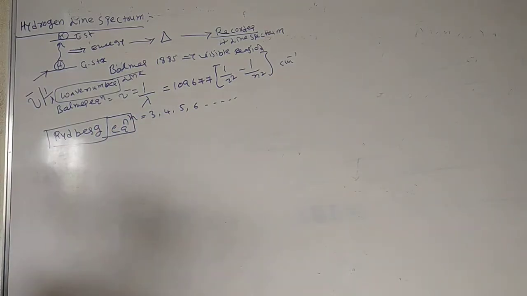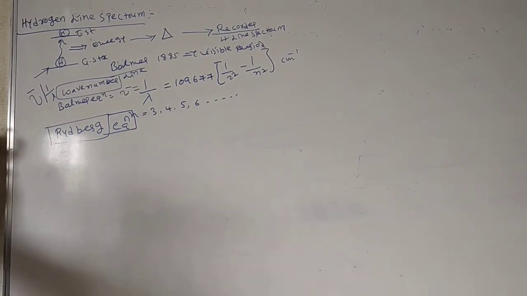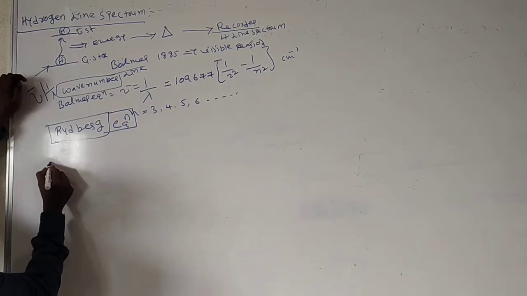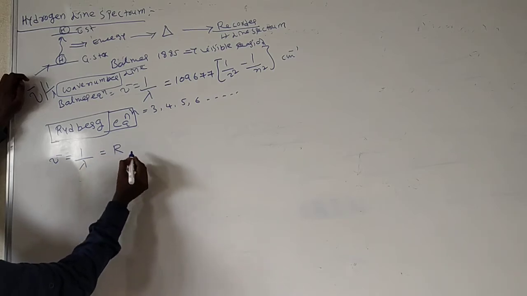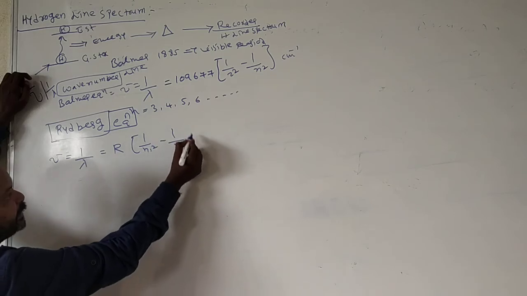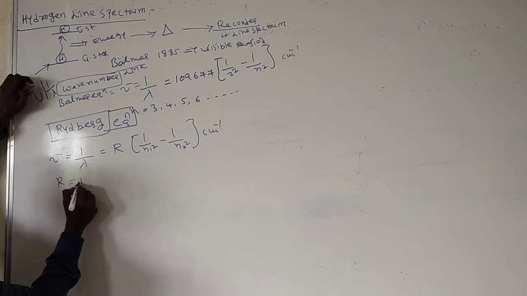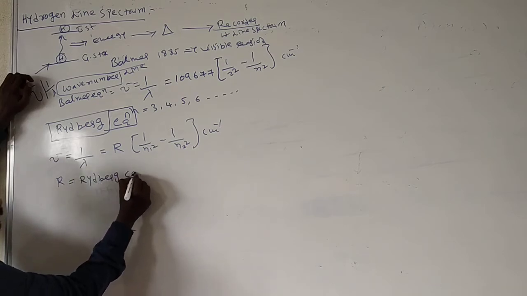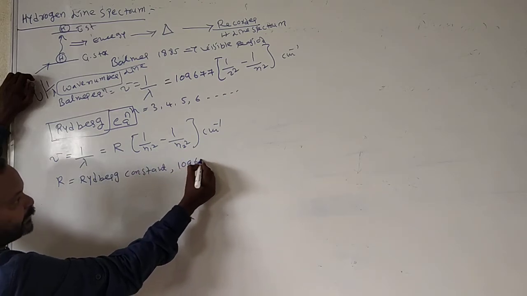What is the Rydberg equation? u bar is equal to 1 by lambda is equal to R times (1 by n1 squared minus 1 by n2 squared) per centimeter. Here R is the Rydberg constant, and its value is 109,677.